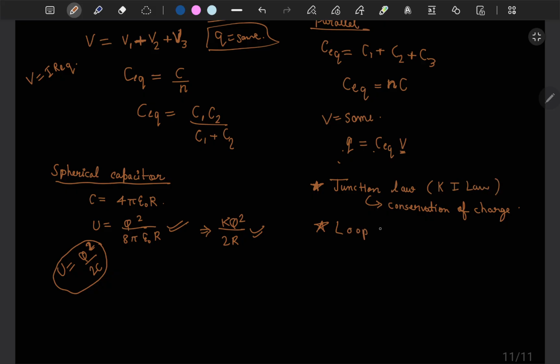Loop law is Kirchhoff's second law. Basically it is based on conservation of energy. It is known as the Kirchhoff voltage law, and the junction law is known as the Kirchhoff charge law.